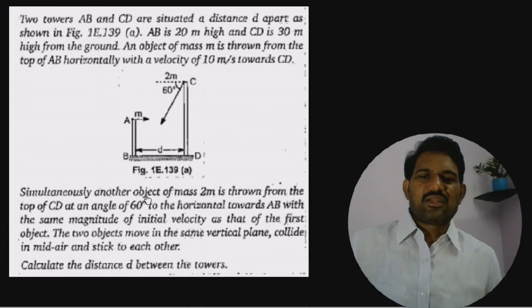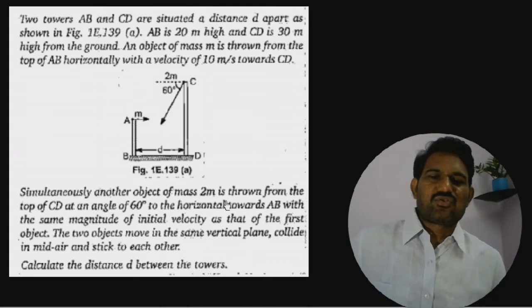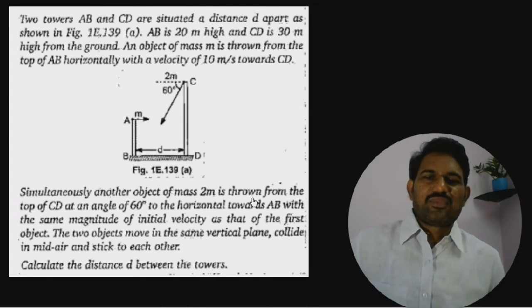Simultaneously, another object of mass 2m is thrown from the top of CD at an angle 60 degrees with the horizontal towards AB with the same magnitude of velocity as that of the first object. Two objects move in the same vertical plane, collide in the midair and stick to each other. Calculate the distance between the two towers.